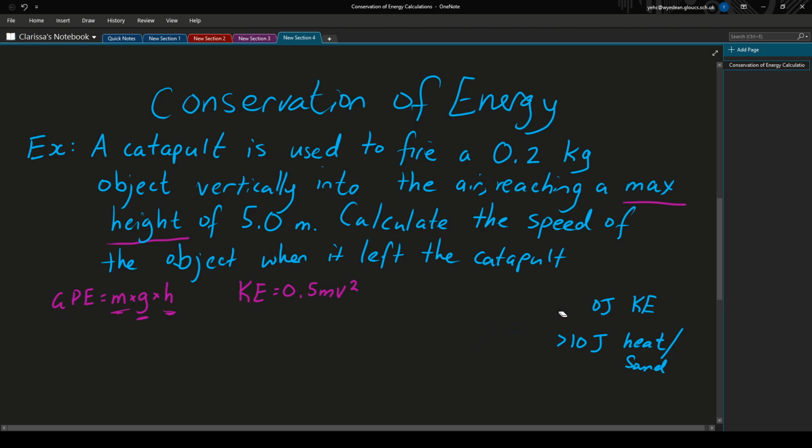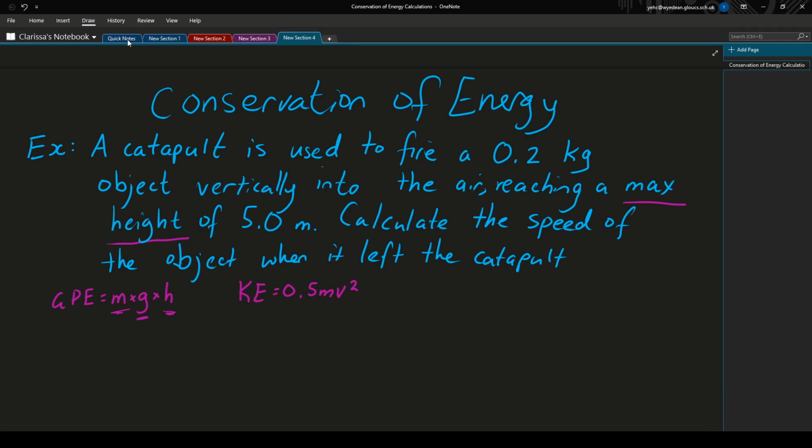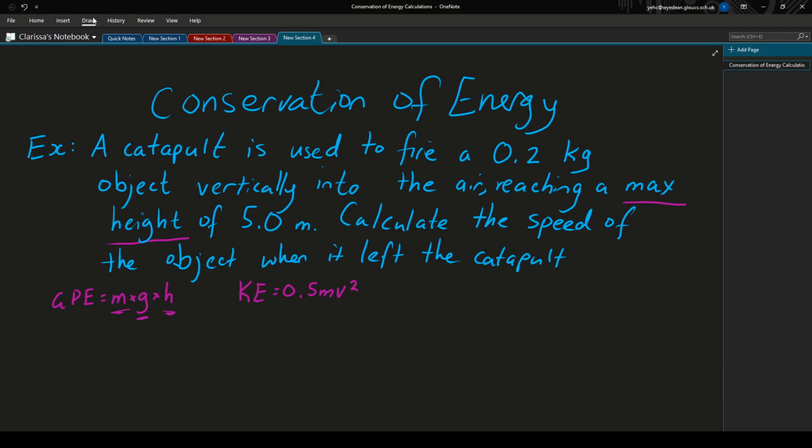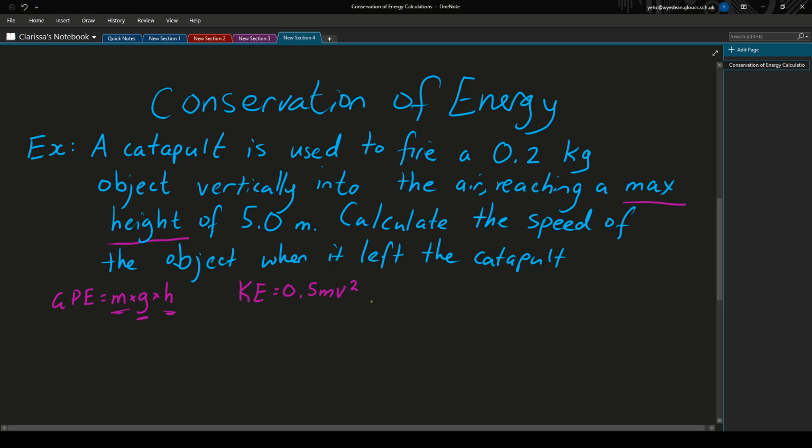Okay, now to how we do these calculations. Once again with calculations, at the very start I always want to make a little list of everything I know, because it's very important that we extract the correct information from our question.